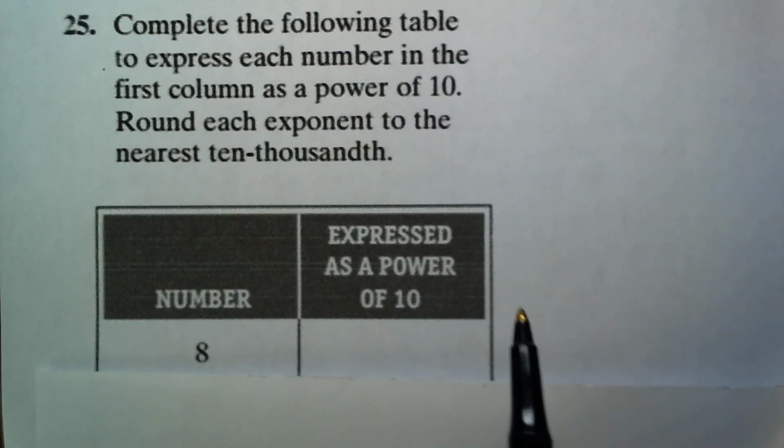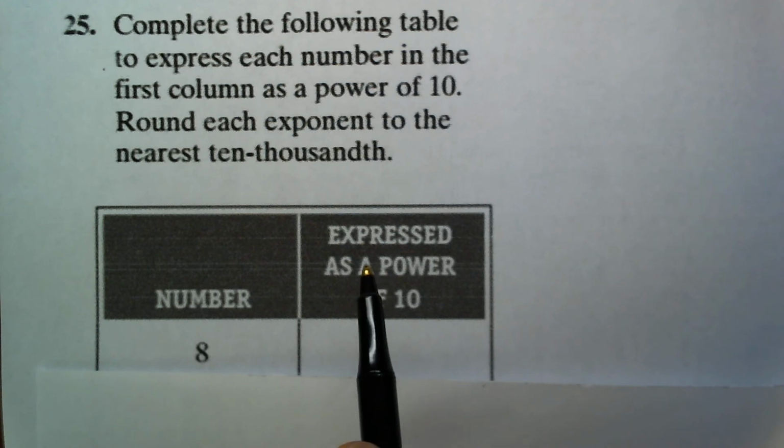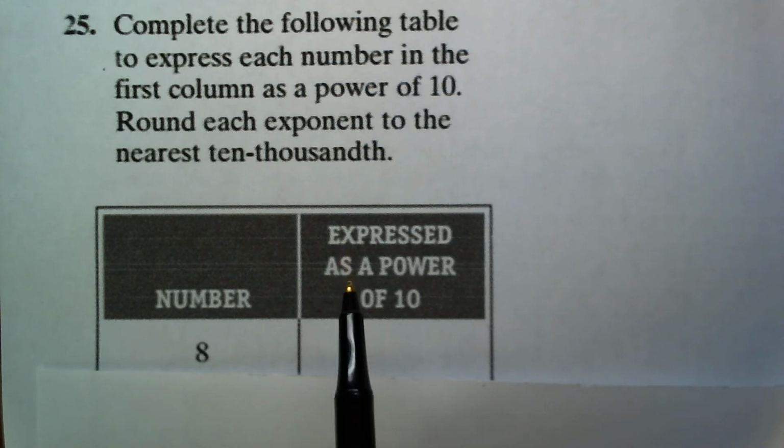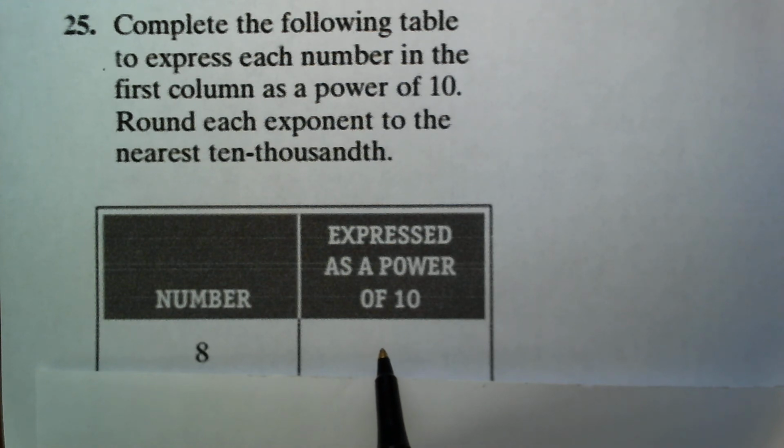For the next exercise, we have to complete the table to express each number in the first column as a power of 10. Round each exponent to the nearest 10,000, so it means 4 decimals. For the number 8, we input 8 in the calculator, and then we look up the logarithm, 0.90308.